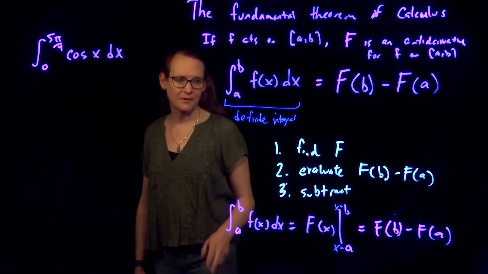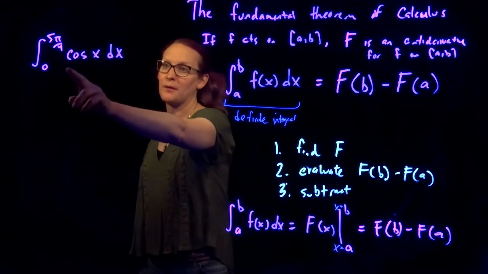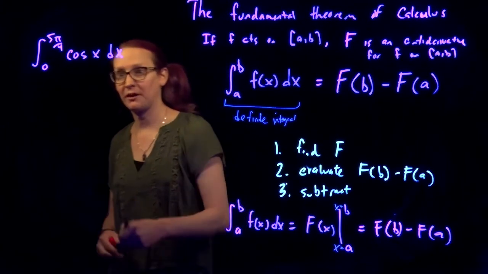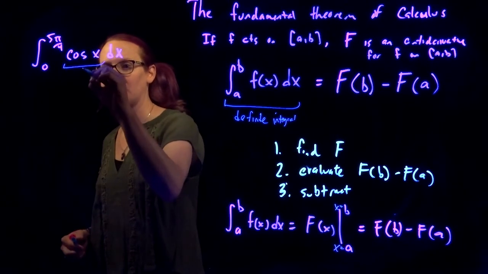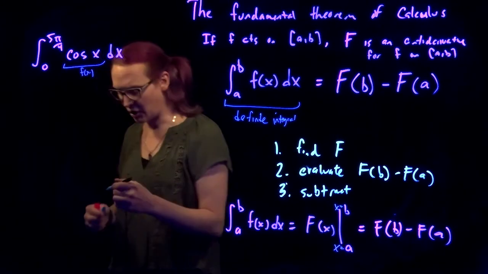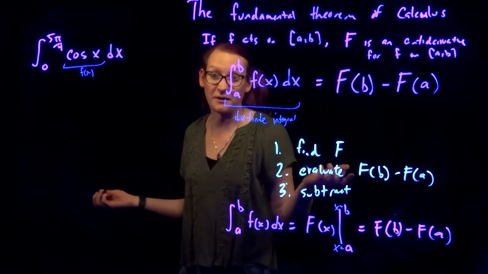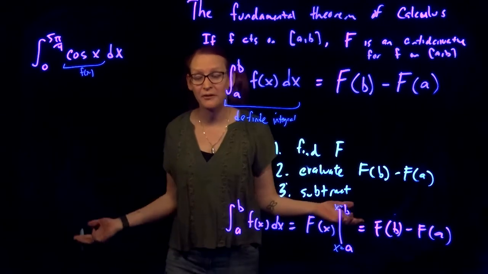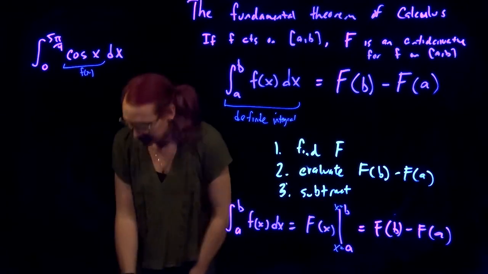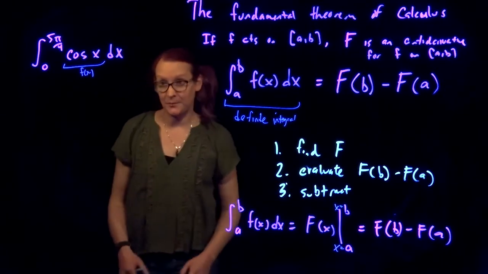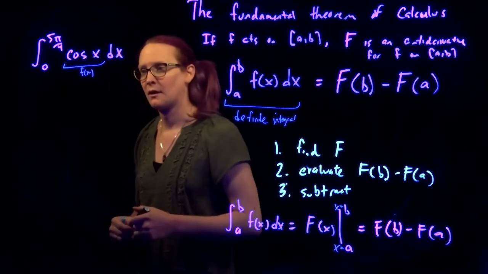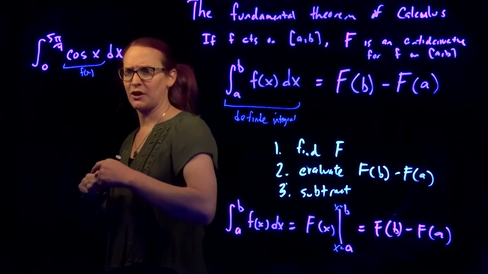So step one, I've got to anti-differentiate my integrand. This part in here is what we call lowercase f of x as a generic name for it. Maybe it has another name that's not lowercase f, and that's fine too. It doesn't have to be f. So we've got to anti-differentiate this.